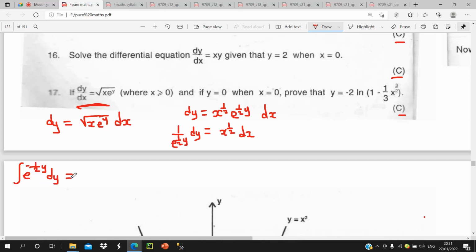What do we obtain to our left? What do we have to our left hand side?